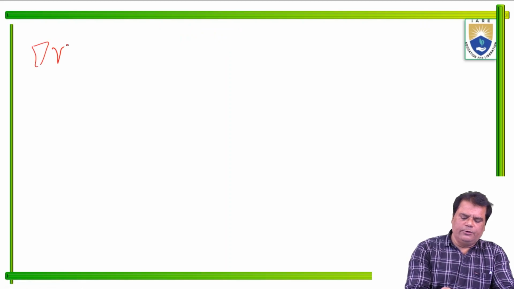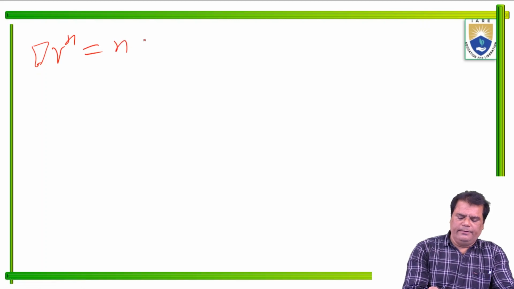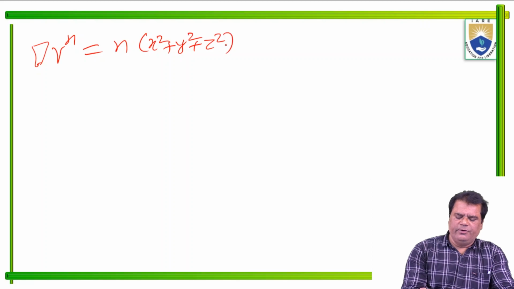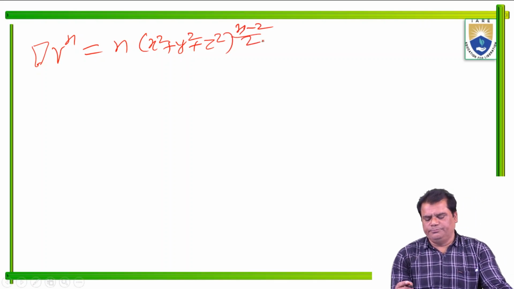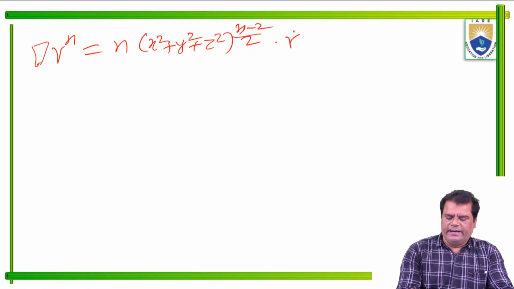So del r^n equals n (x² + y² + z²)^((n-2)/2) into vector r.